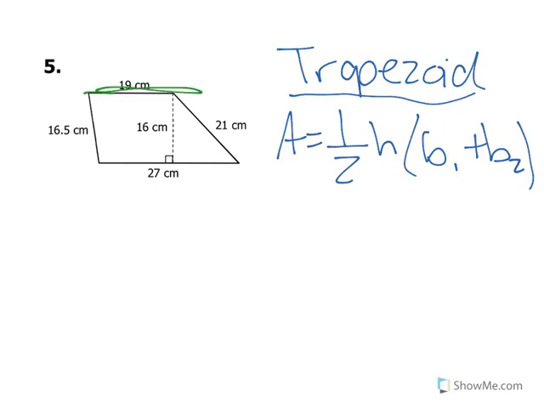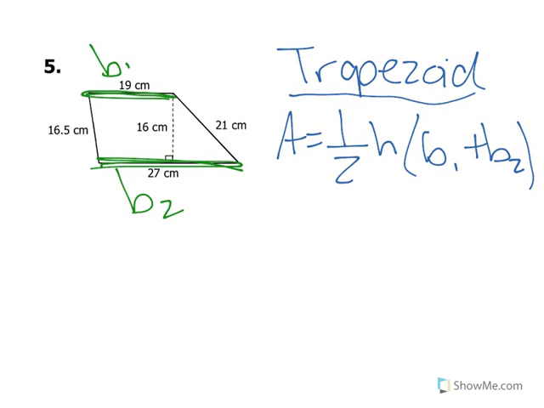So your sides that are parallel to each other would be this one and this one. They don't always have to be the top and the bottom. They could be the left and the right, so just keep that in mind. So this is B1, B2. It doesn't matter which one's B1 and B2, it's just those have to be the bases. And then the height is perpendicular to those.